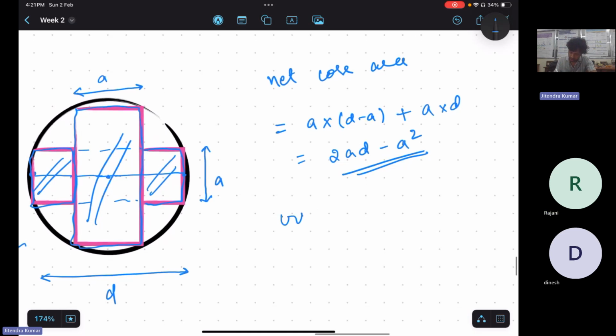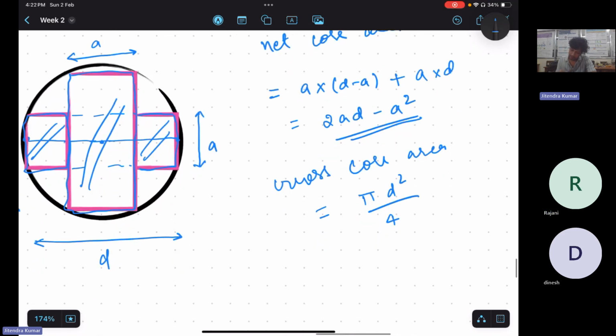And the gross core area is equal to, again the same, pi D square by 4. And can we calculate any relation between D and A? Can we calculate any relation between D and A?